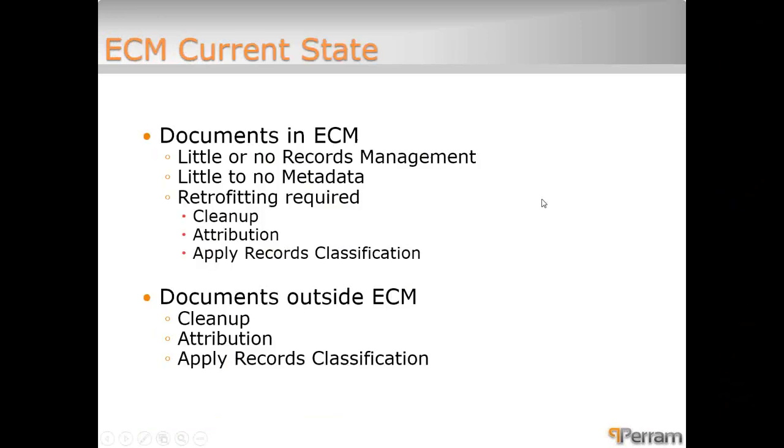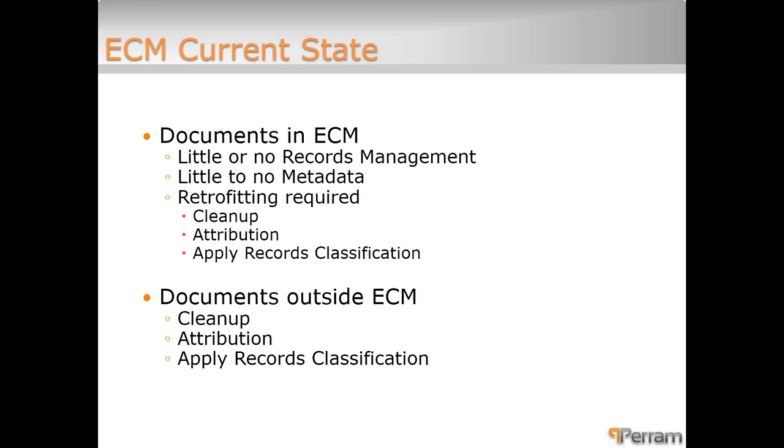So for most of the organizations we work with, the current state of enterprise content management looks something like this. We have a set of documents or a repository of documents in the ECM system. Commonly, those documents have little to no records management being applied to them.